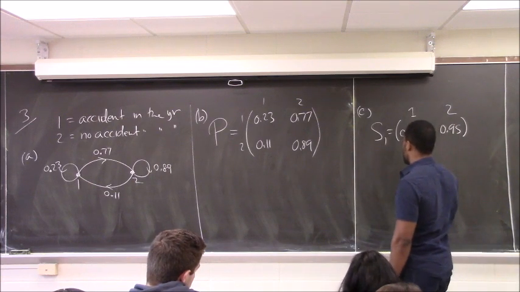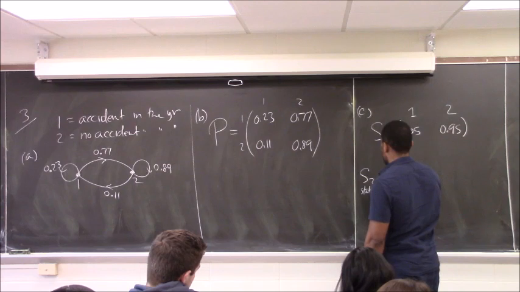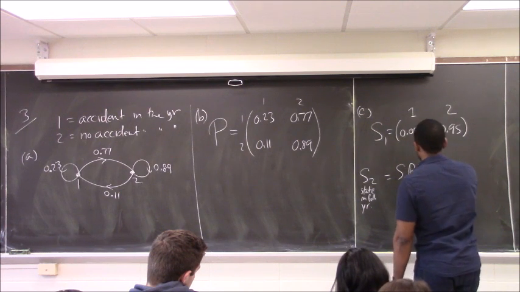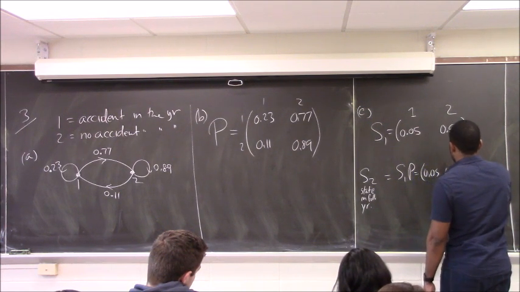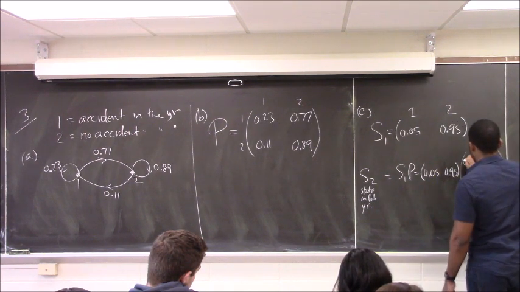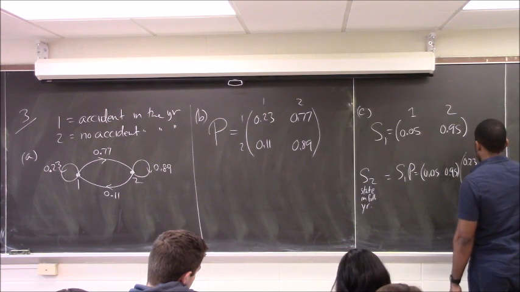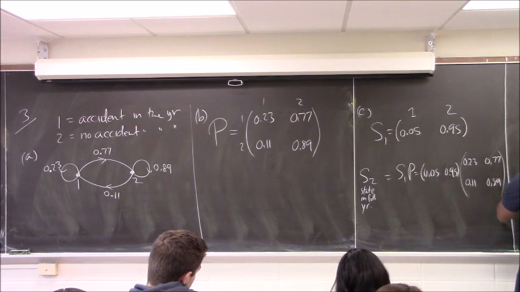And so S2 is the state in the following year. That's going to be S1 times P: 0.05, 0.95 times this matrix, 0.23, 0.77, 0.11, 0.89, and S has to be on the left because you know how matrix multiplication works.